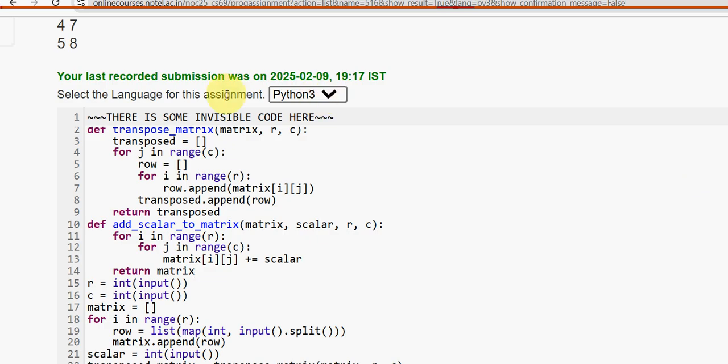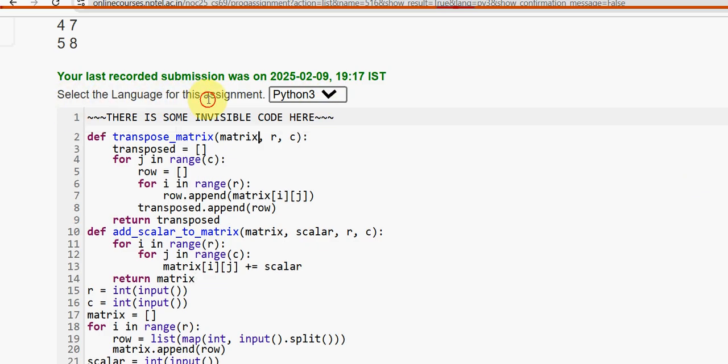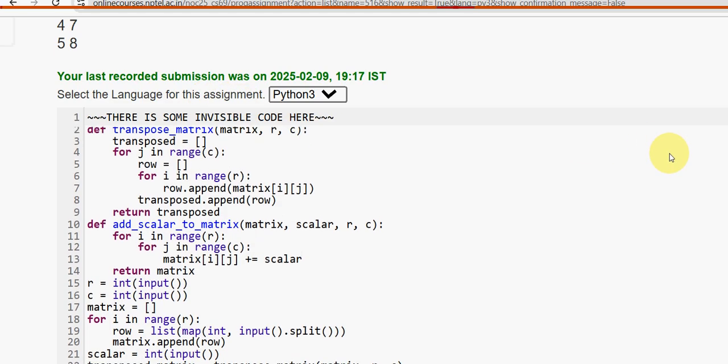So this is the code: def transpose_matrix, R, C, right? This is the entire code, guys. Take a snapshot of this and do follow the indentation rules.